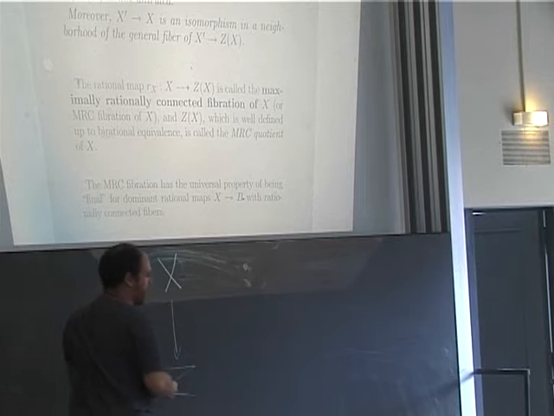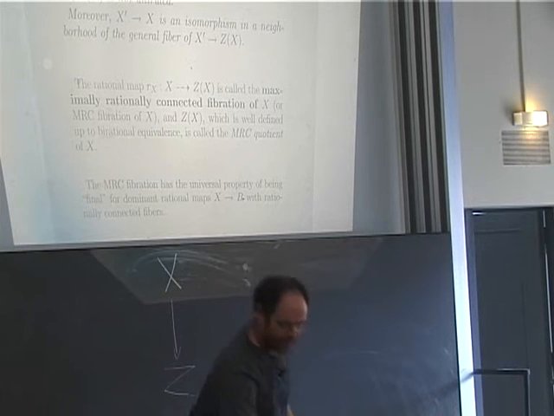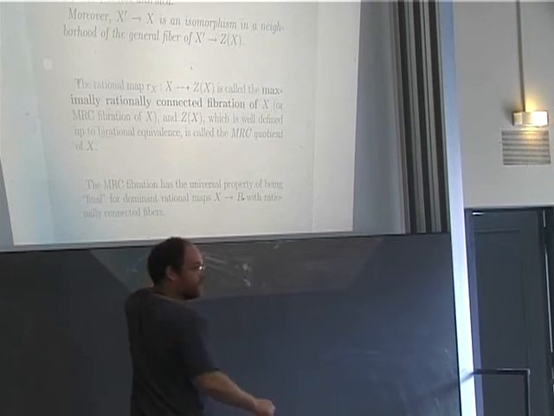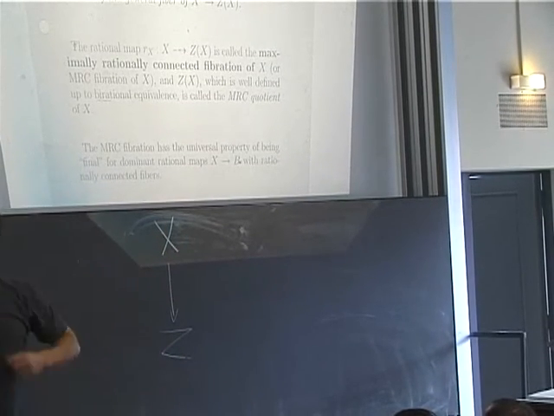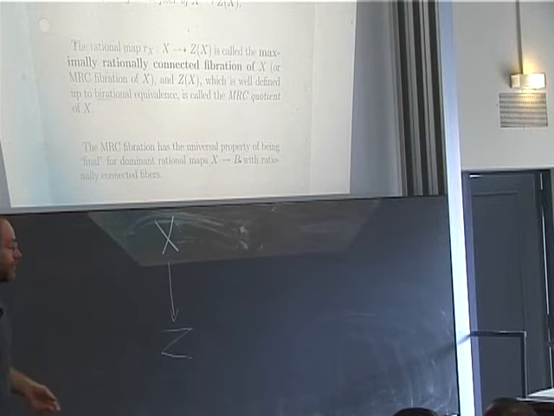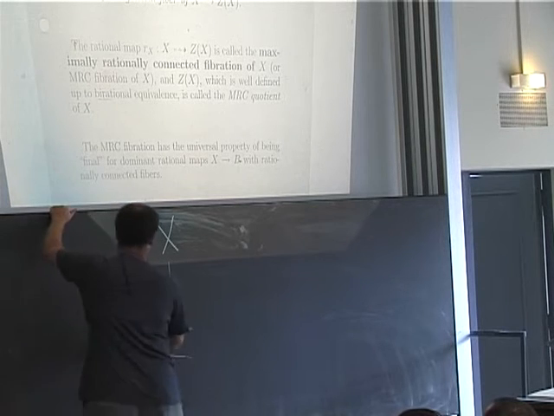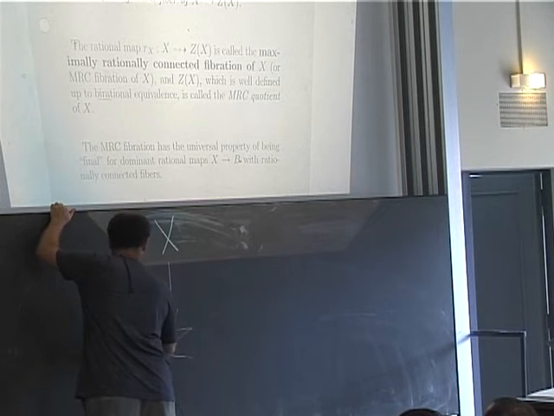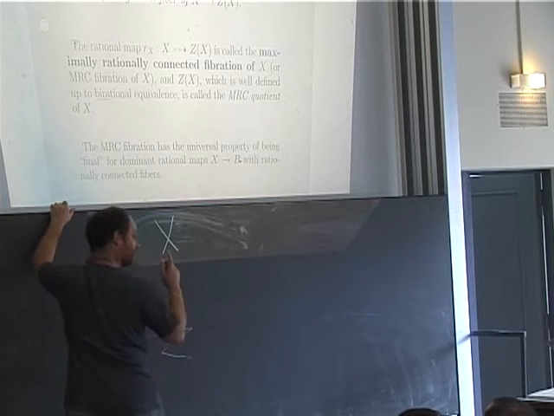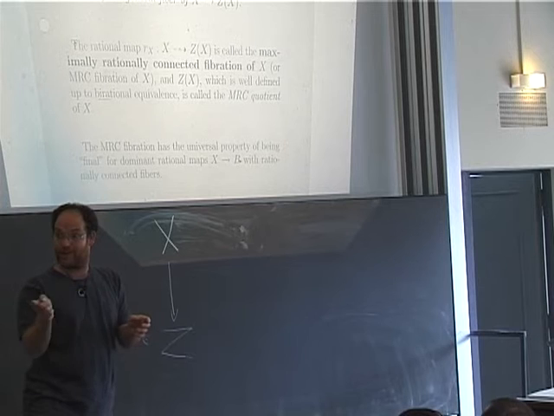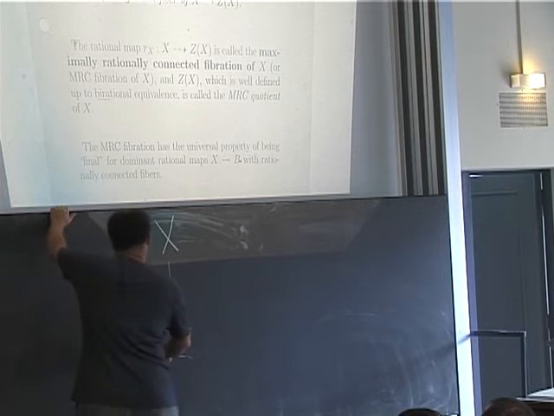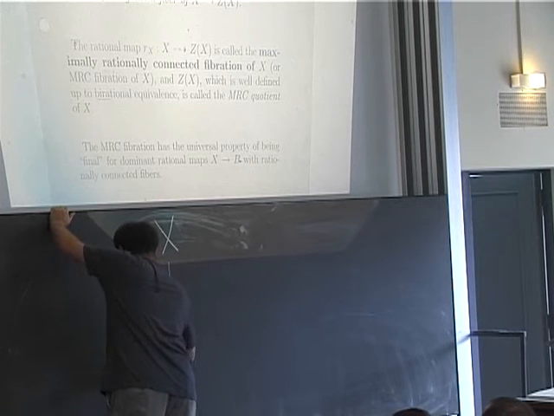There's a well-defined map, X to Z, such that the fibers collect everything that has to do with rational curves. So the generic fiber, in fact, what I said is if you have a fiber which is rationally connected, then all smooth fibers are. So it's enough.